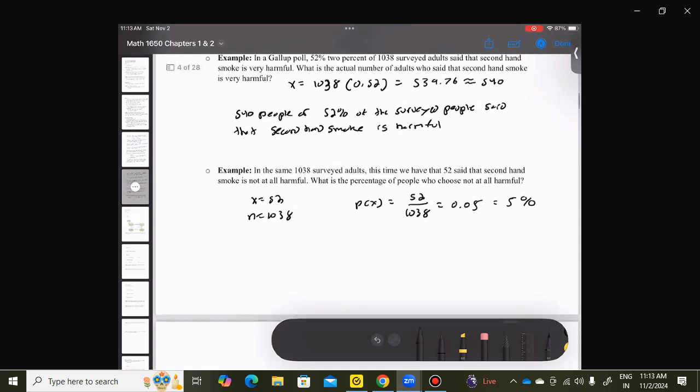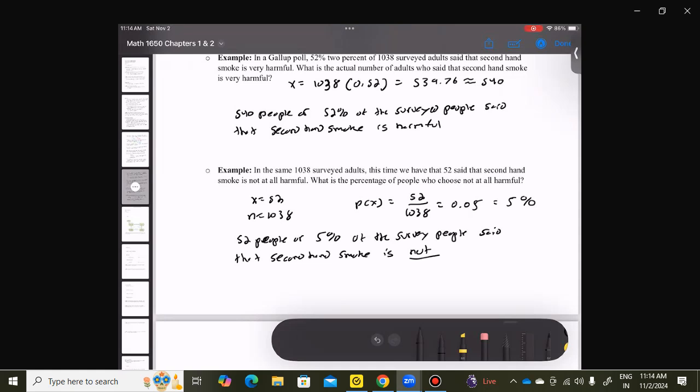In the next one, 52 people or 5% said that secondhand smoke is not at all harmful. Underline not harmful.